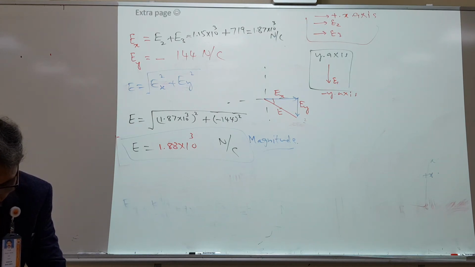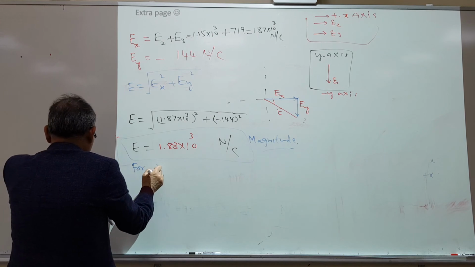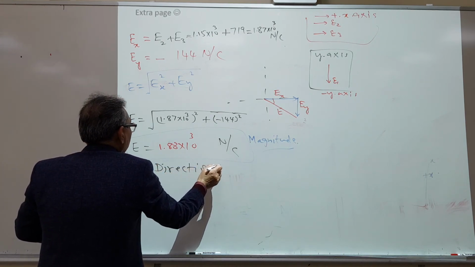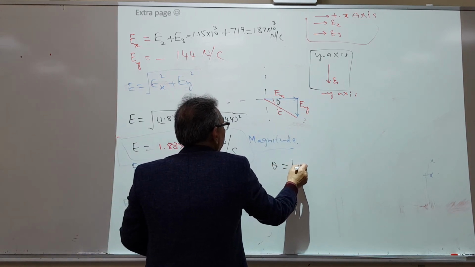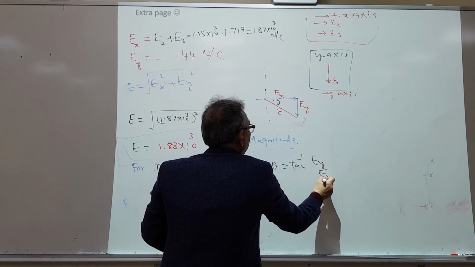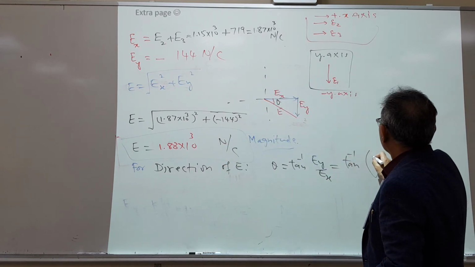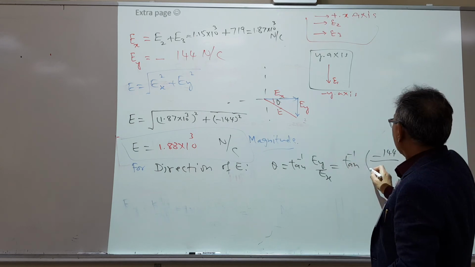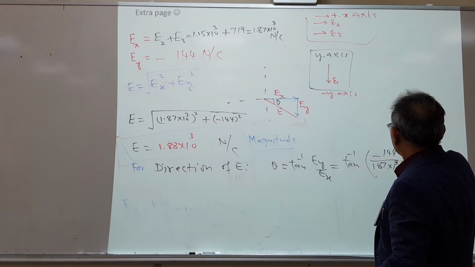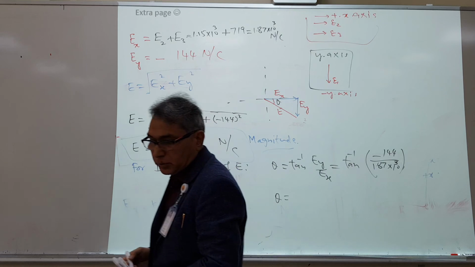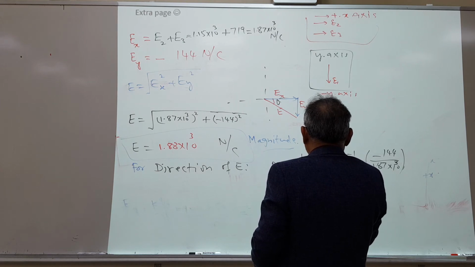And for the direction of E, we use the same triangle, tan inverse of Ey over Ex, which is tan inverse of minus 144 over 1.87 times 10 to the power plus 3, and you would get theta equal to minus 4.40 degrees.